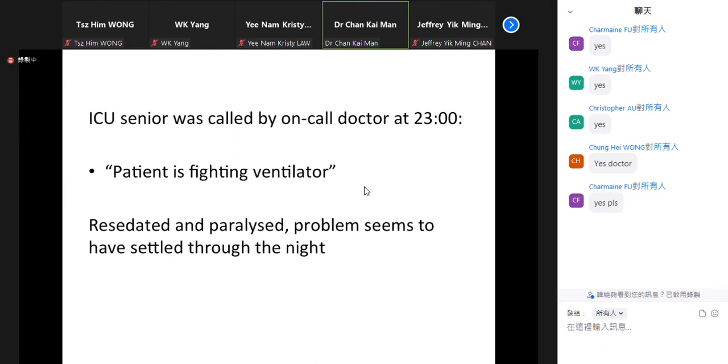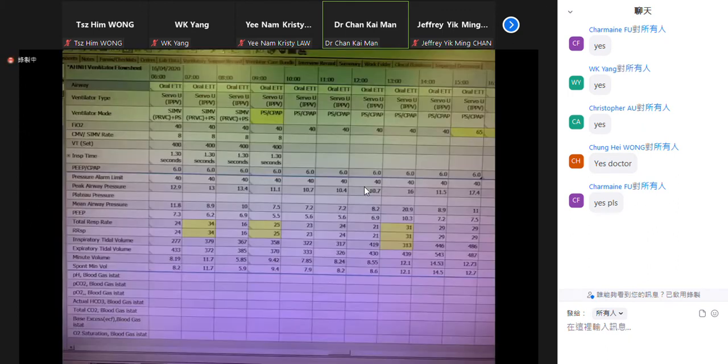At that juncture, the on-call doctor was recommended to resedate and paralyze the patient. And then nothing seemed to happen, and the problem seemed to have settled through the night. In the morning, we reviewed the patient, and he looked to be in good ventilation.